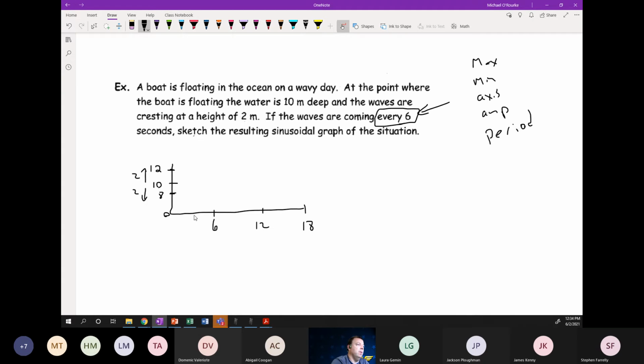Now a full wave doesn't go like this, right? It's got to go up and then down. So I'm going to draw a line straight across here. Now I know my wave is done at this point, right? Between that time, I go up, I go down, and then I'm back.